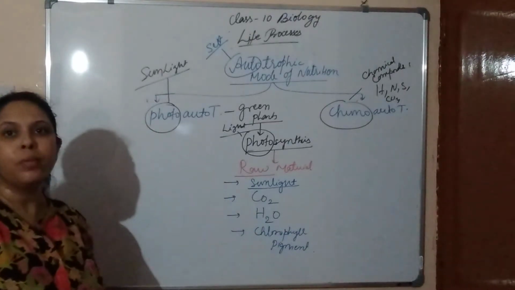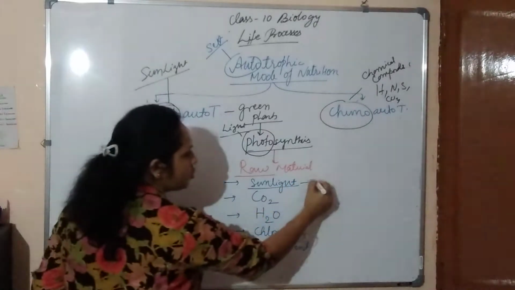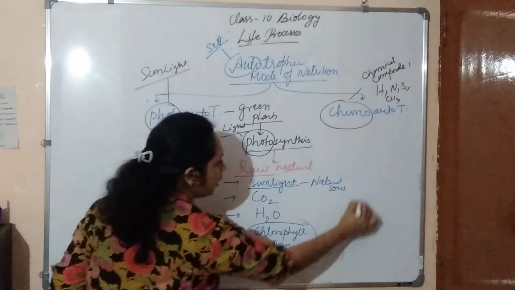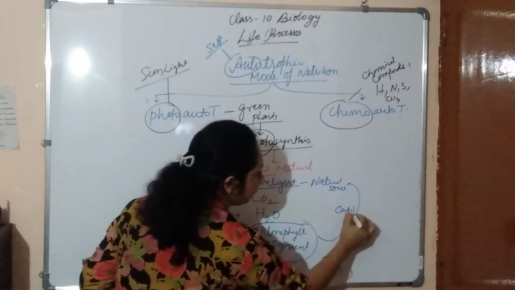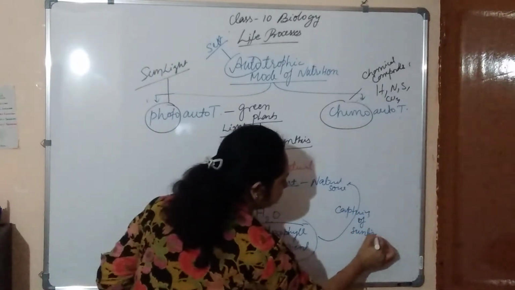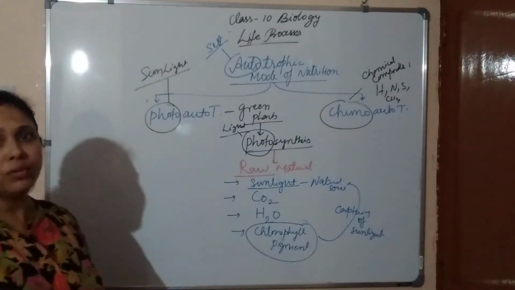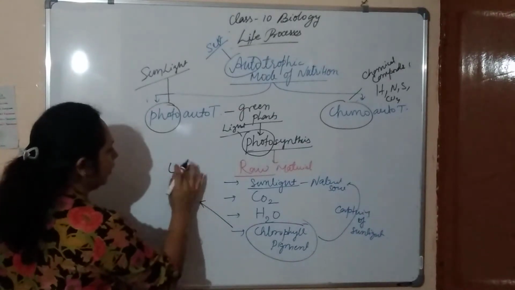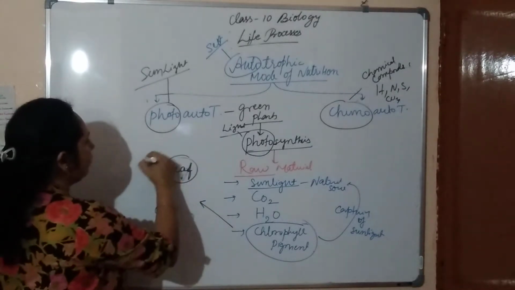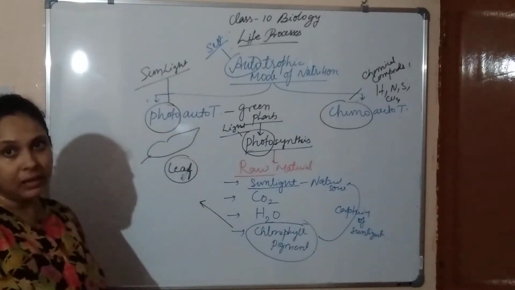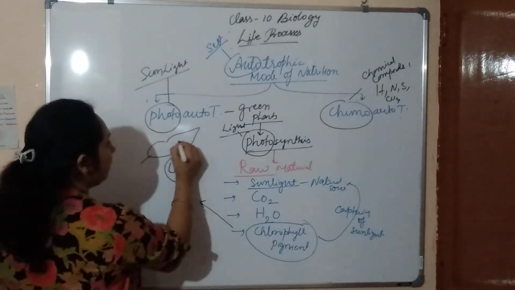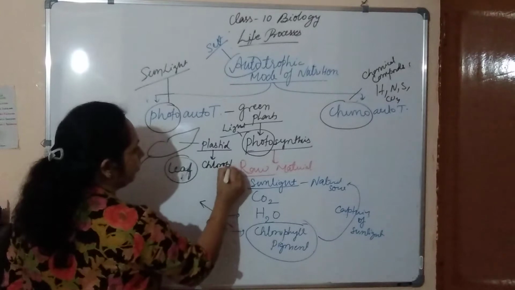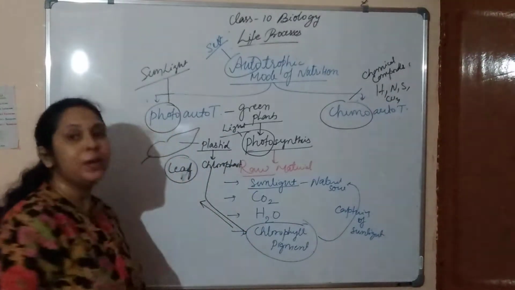Let's see from where the plants get these raw materials. Sunlight is a natural source, and the chlorophyll pigment helps in capturing the sunlight. Where is this chlorophyll pigment present? It is found in the cells of the leaf. The leaf contains a cell organelle; the plant cell contains plastids, a cell organelle in which chloroplasts are present. And the chloroplast contains the chlorophyll pigment.